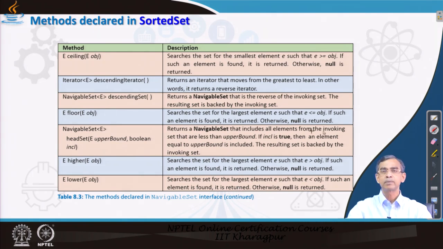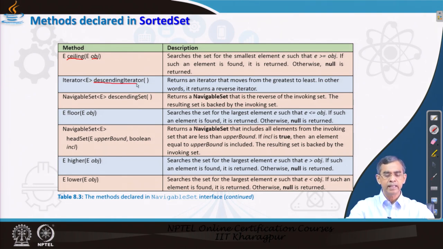Few methods, just for discussion: ceiling. Ceiling is a method that, starting from a certain element, returns all the rest of the elements from that particular point.